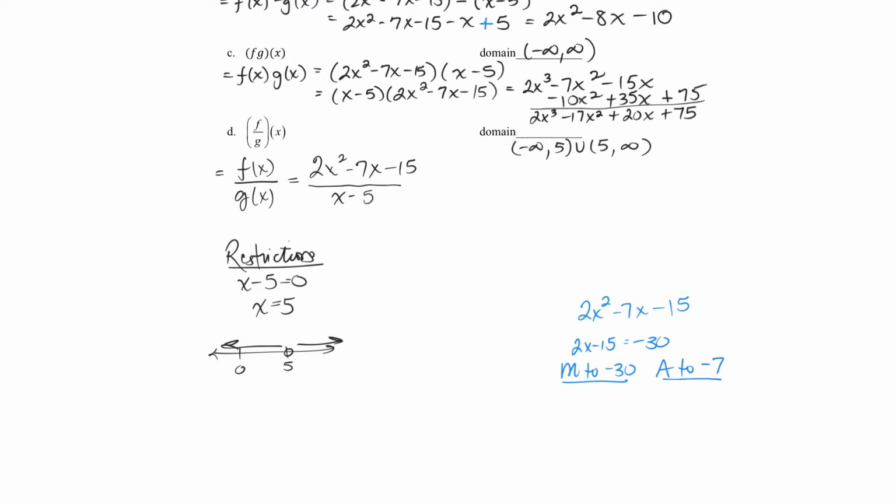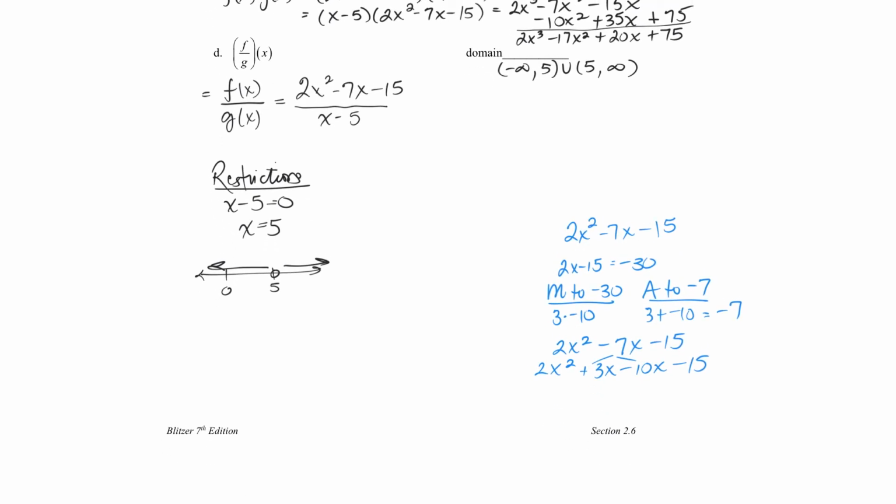And I'm thinking that it's going to be 3 and 10, right? So if I use a positive 3 times a negative 10, that multiplies to give me negative 30, and positive 3 plus negative 10 is equal to negative 7. And then I'm going to rewrite my middle term using those two numbers, plus 3x minus 10x minus 15, and then I'm going to use grouping, right?